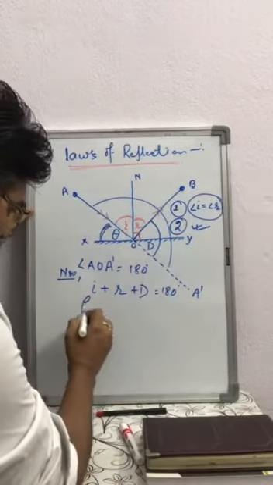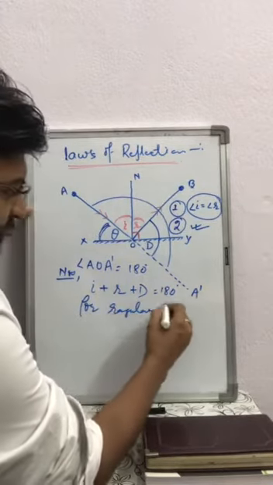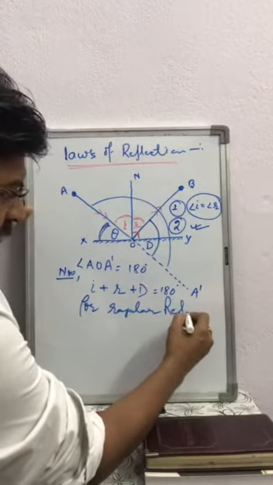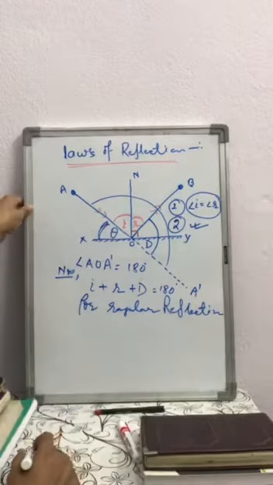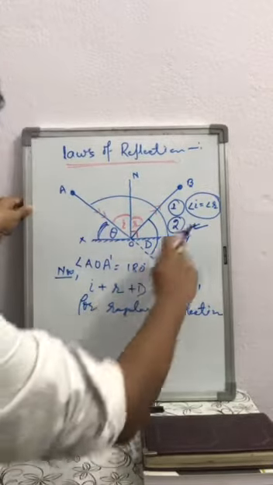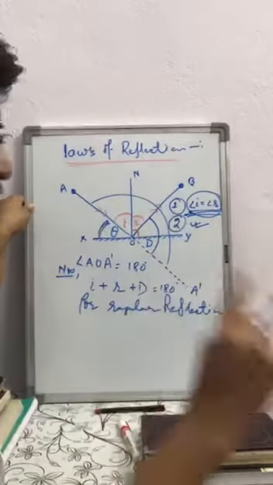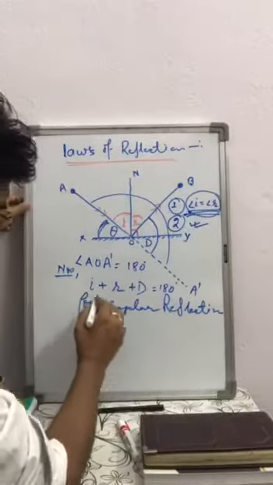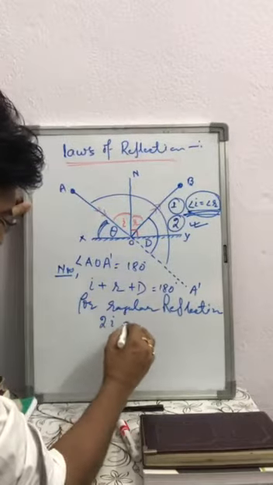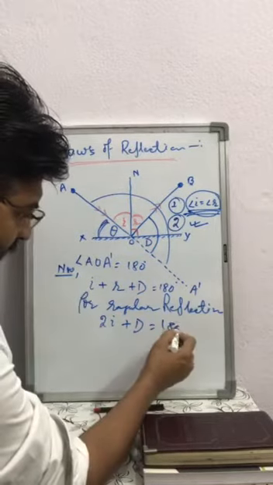Now, for regular reflection, according to the first law, which is applicable only for a regular surface, angle I is equal to angle R. We can write 2I plus D is equal to 180.